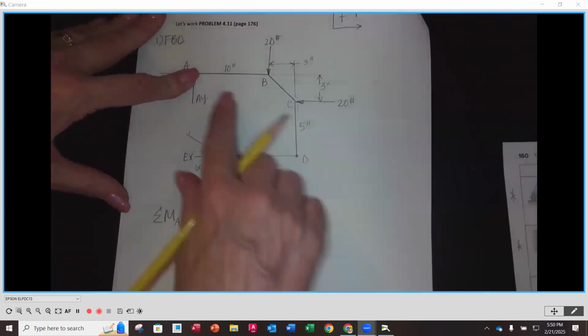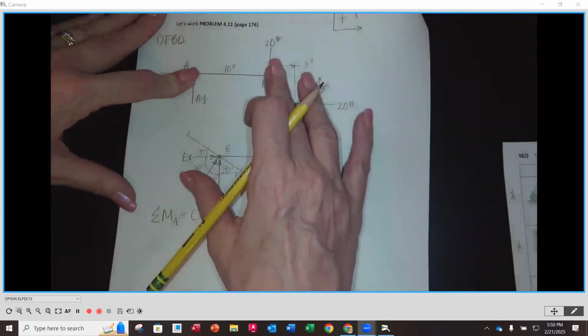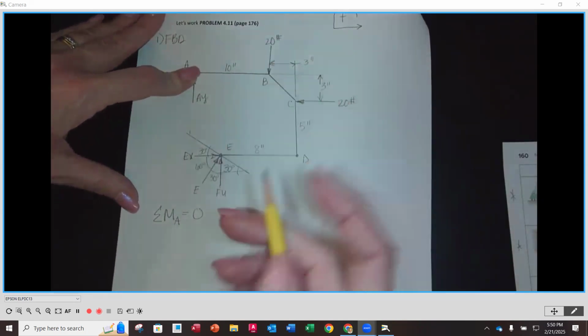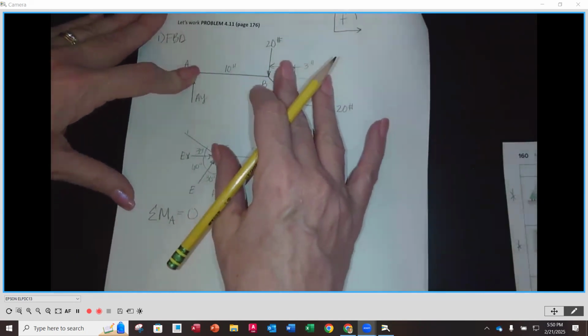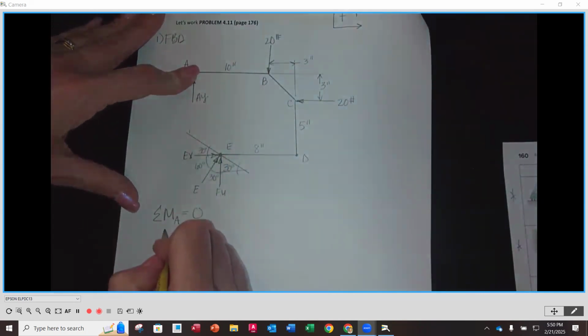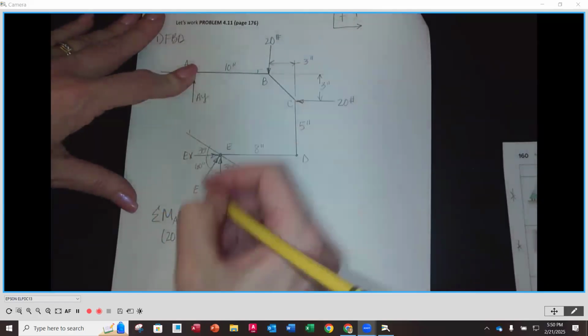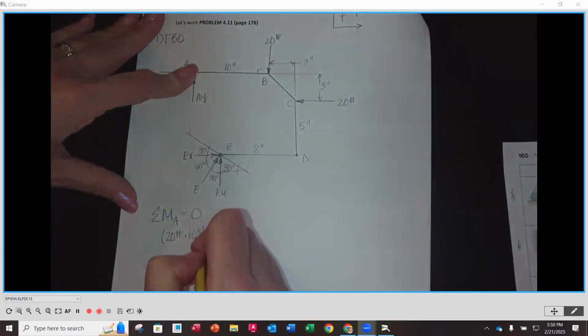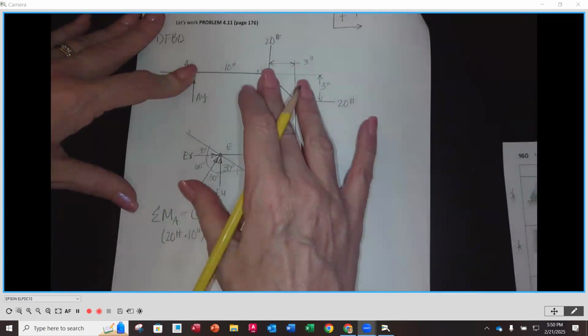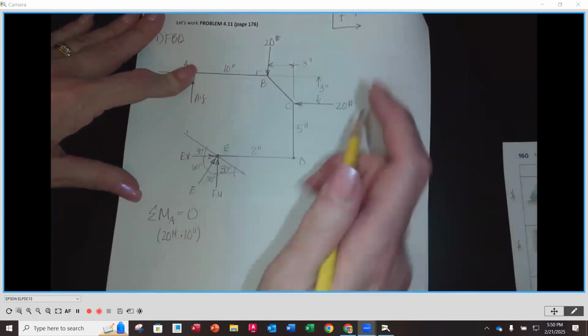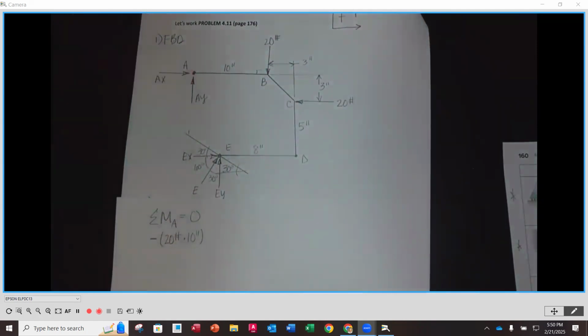So by doing so, I'm going to work over to the right, and I'm going to say, oh, I've got 20 pounds there. That's going to cause a rotation. So I'm going to start by 20 pounds is my force, times perpendicular distance here would be 10 inches, okay? And then the direction of rotation is going to be negative because it's clockwise, right?